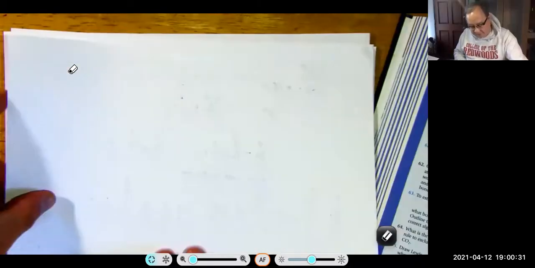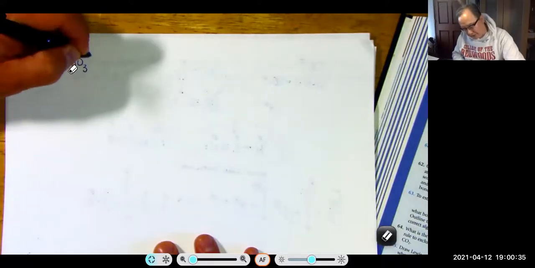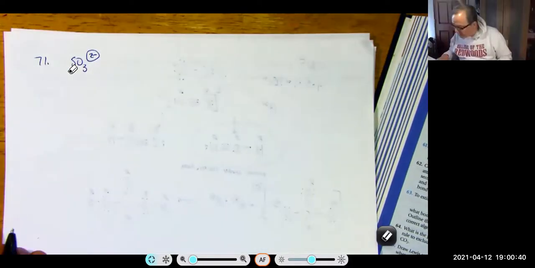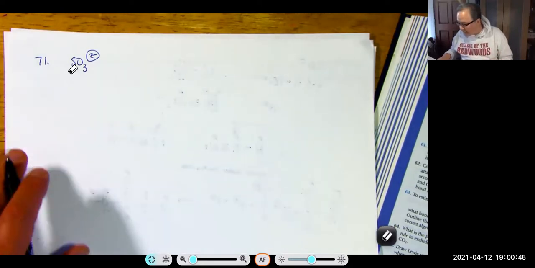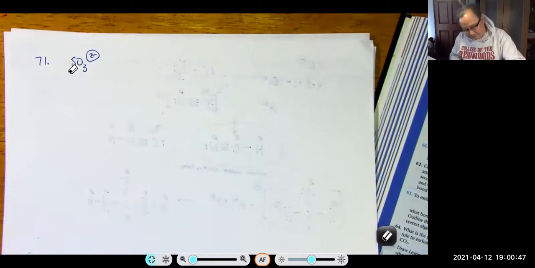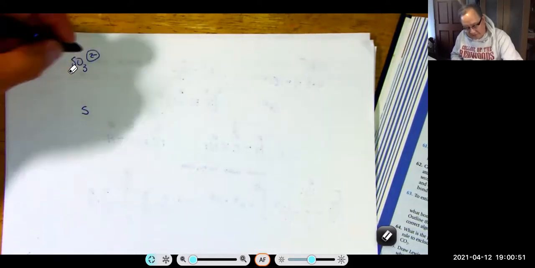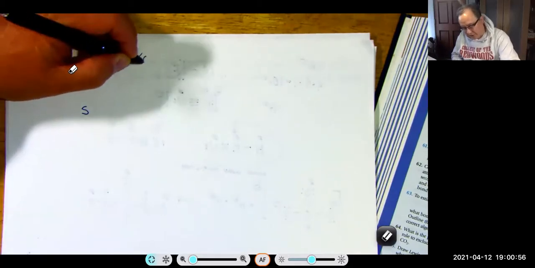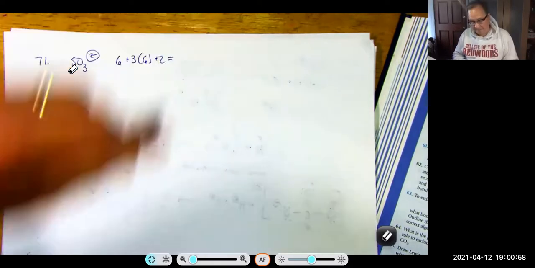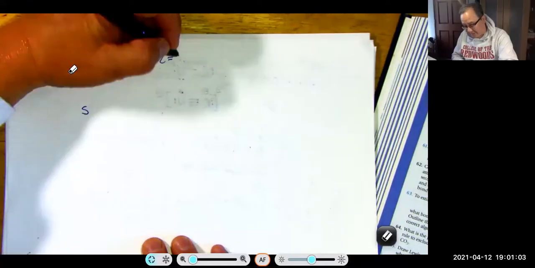Okay, so number 71, SO3 2 minus. We're supposed to draw the electron dot structure for sulfite, and this reacts with H plus. Here we're going to have 6 plus 3 times 6 plus 2 electrons for how many? 26 electrons.